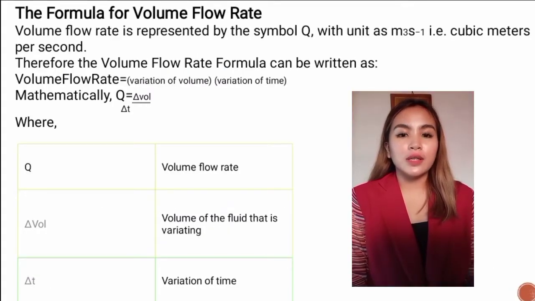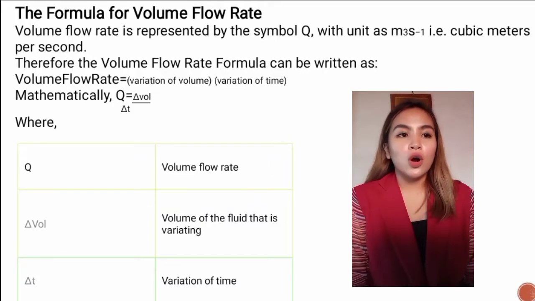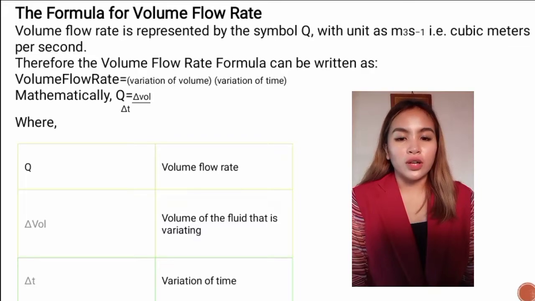Volume flow rate is represented by the symbol Q, with units of cubic meters per second. Therefore, the volume flow rate formula can be written as Q equals the variation of volume over the variation of time, where Q is the volume flow rate, delta V is the volume of the fluid that is varying, and delta T is the variation of time.